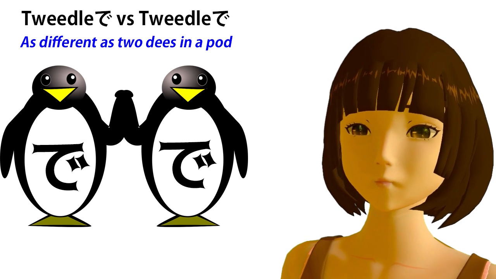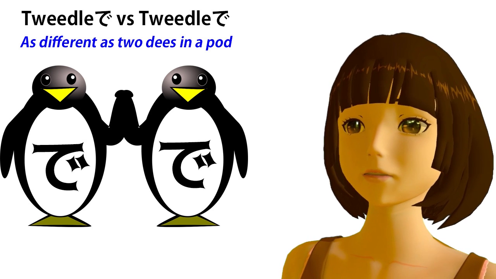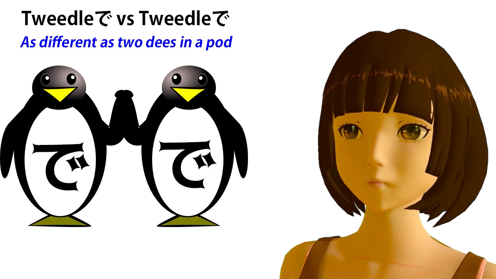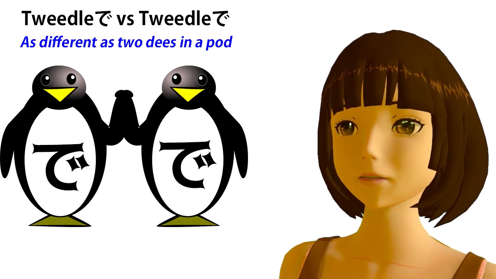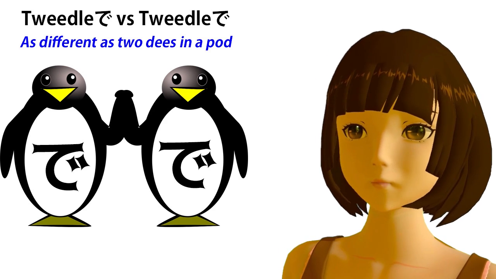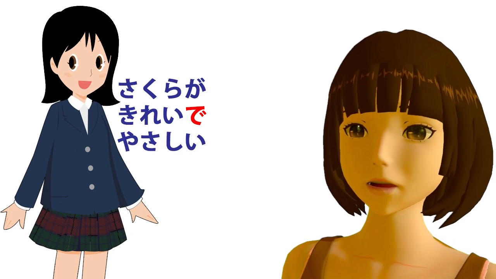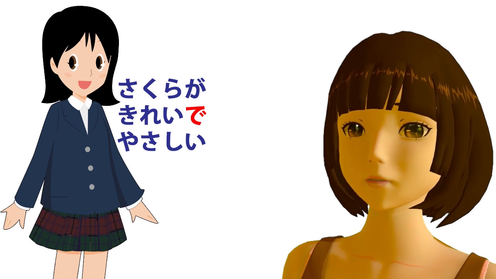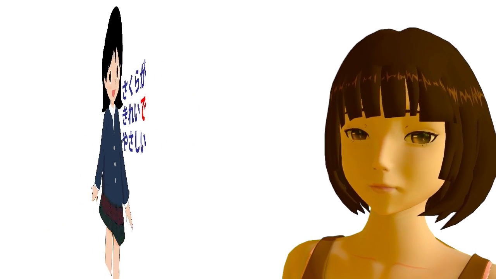The first time most of us will meet the second of these des is in the use of adjectival nouns, which are very confusingly and misleadingly called na adjectives by the textbooks. So if we say, Sakura ga kirei de yasashii, what we're saying is that Sakura is pretty and kind.